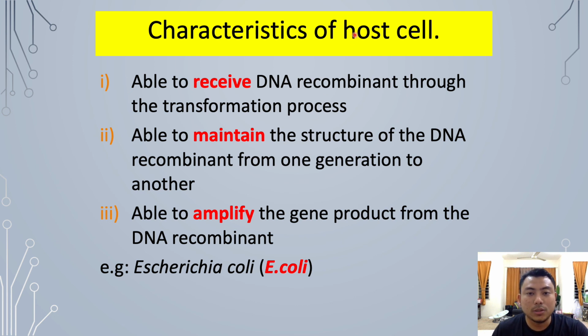But if the host cell cannot amplify, tak boleh nak memperbanyakkan lagi product of the gene of interest, again that host cell is not fit for its function, hence we don't choose that cell as a host cell. So we are only going to choose a host cell that is able to amplify the gene product. So most commonly used host cell is again E. coli for the plasmid.